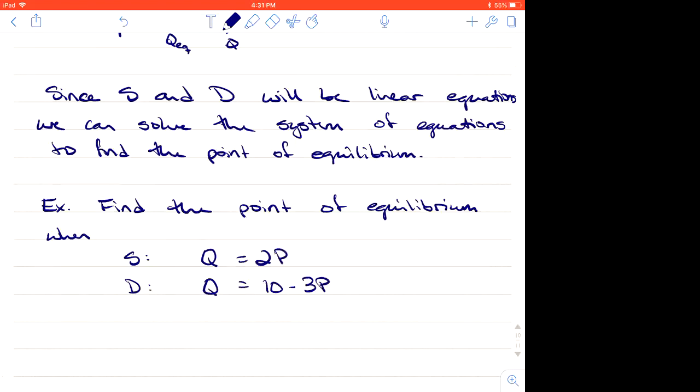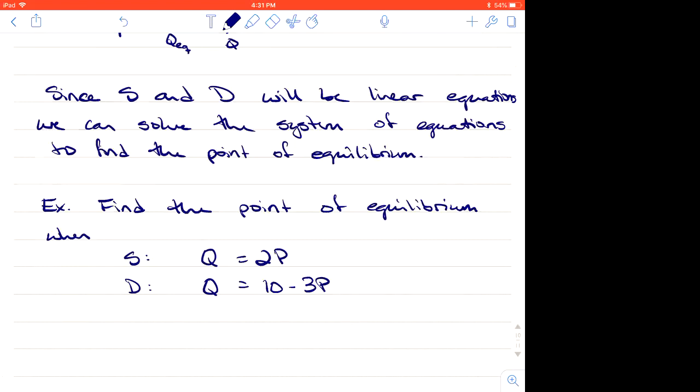Okay. Solving this, we use the same method. In fact, it's nice because both of these are solved for Q already, so it's even easier than it was before, because before we had to solve for one of the variables and then substitute it back in, right?